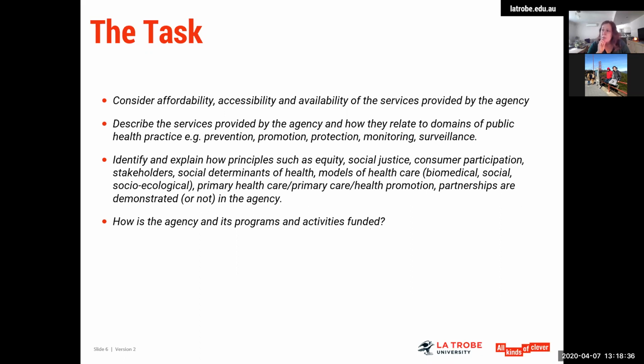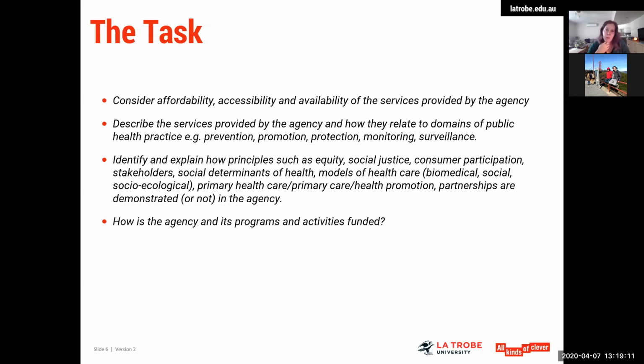And then the availability. So, is it restricted to certain population groups? Is it restricted in terms of the time of the services? Are they only available 9 to 5, Monday to Friday? And if so, what are the limitations of that? Who is potentially being excluded from being able to access that? You might want to look at things like, do they have availability through online platforms, things like telehealth, which we're seeing a lot of at the moment.